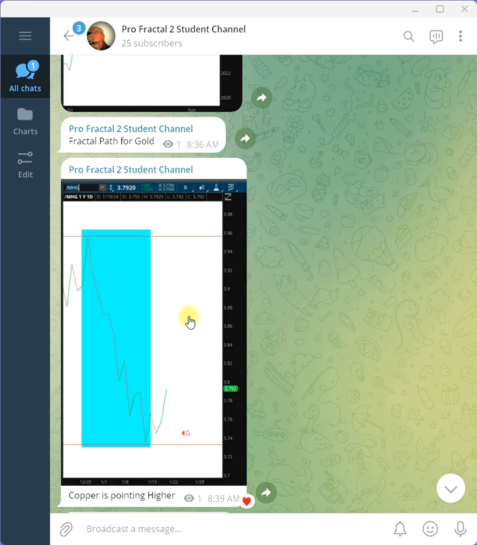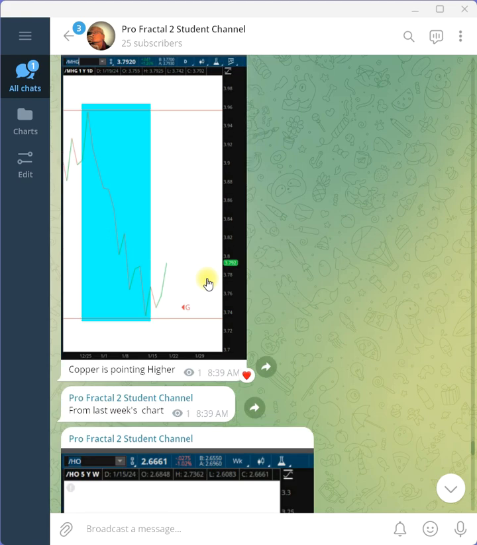Probably take a little time to develop, but you have a good picture of what the fractal might be doing in the coming year. You can use the fractals on a 30-minute time frame or a daily, yearly time frame, but as of now, copper is pointing higher.